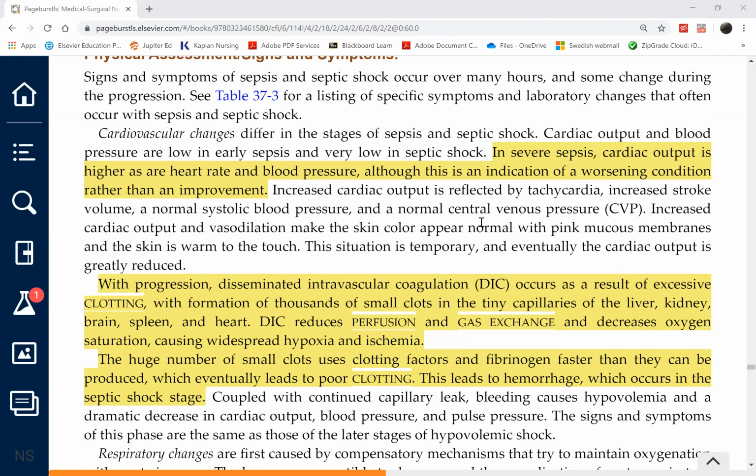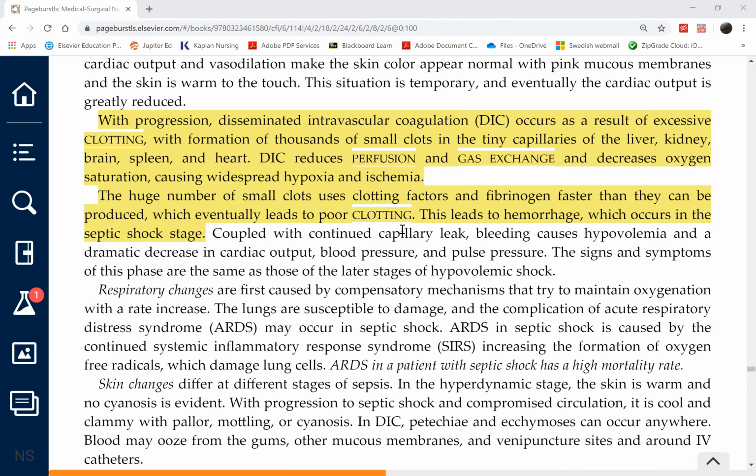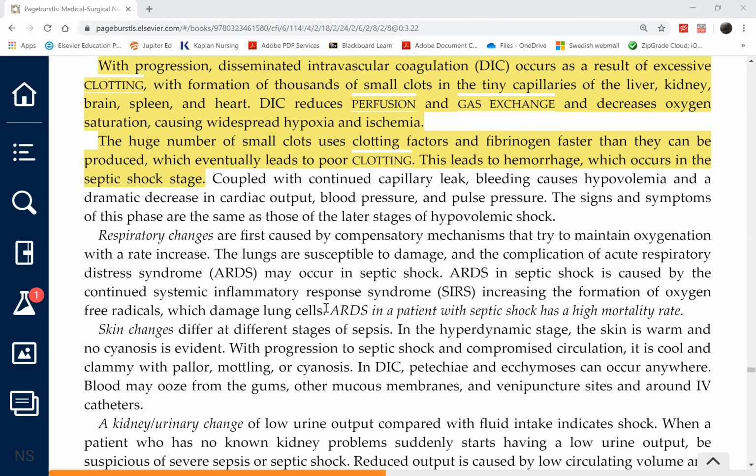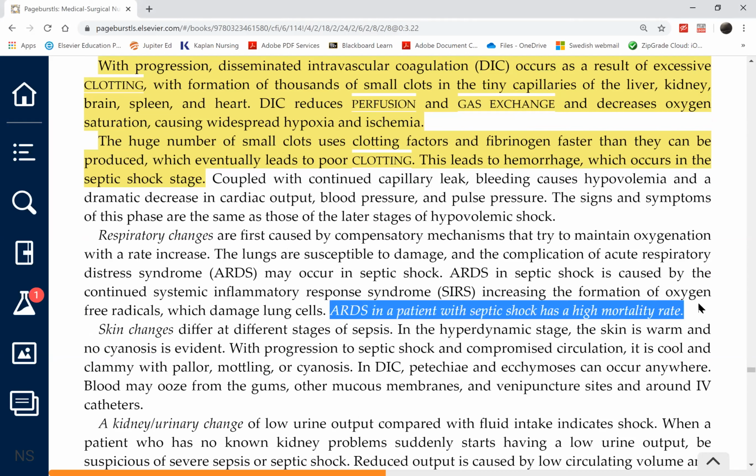From early sepsis to SIRS to severe sepsis and then finally septic shock. We talked about ARDS in chapter 32. In addition to DIC, ARDS can also join the party, because the mechanism is the same.